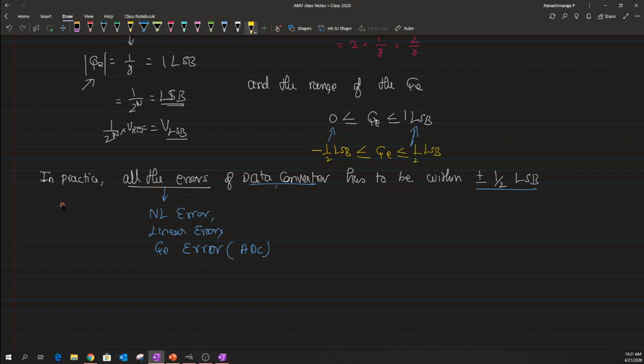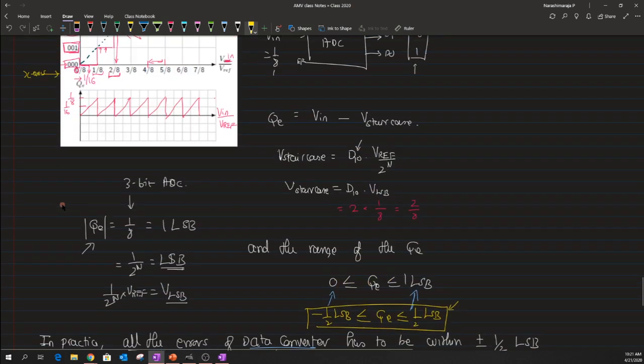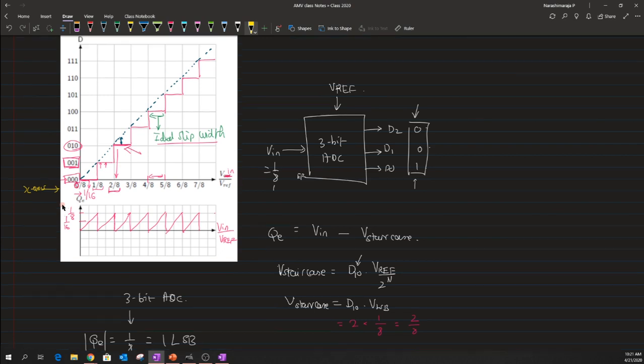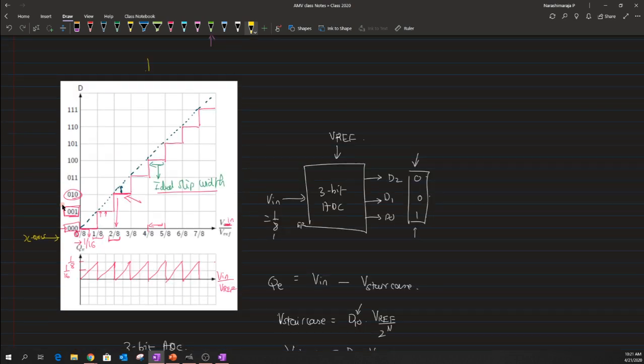By practice it has to be converted to this particular quantity. The way one could achieve this is by looking at this picture again, the transfer function of this 3-bit ADC.